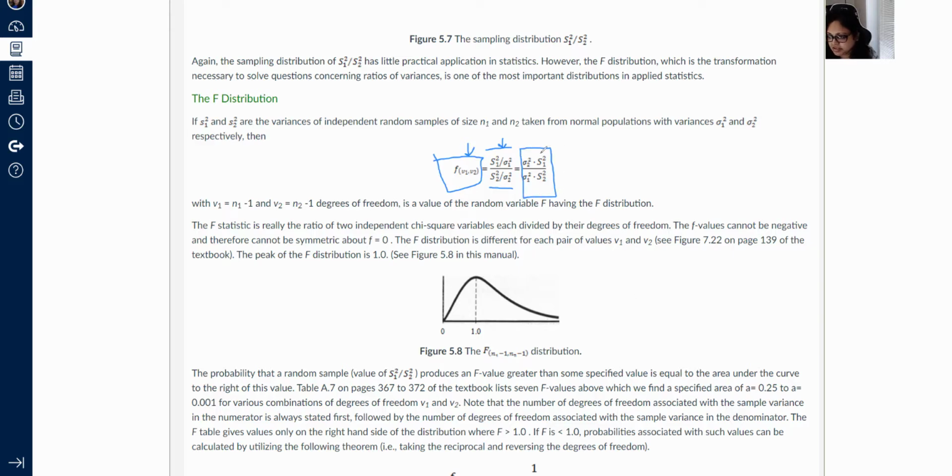That means the ratio of the sample variances in the first population, and then over here you have to be careful because we use the second population's variance divided by the first population's variance. That's the most important part you have to consider in the F distribution.